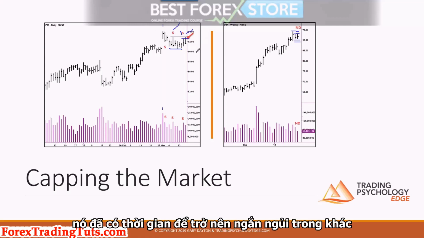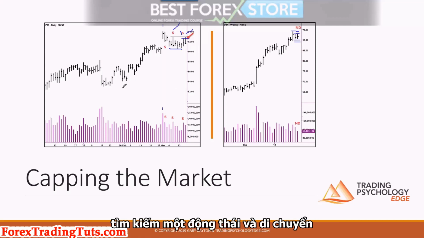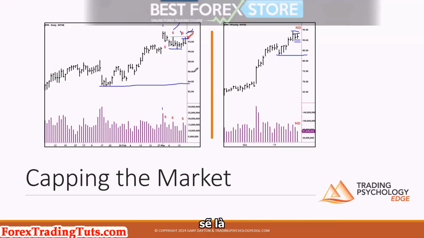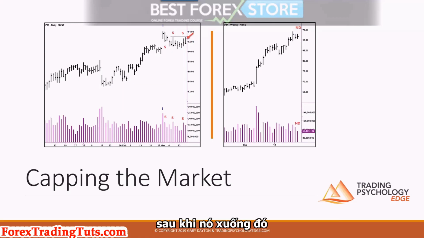It's had time to get short, in other words, the larger players. So we're looking for a move, and the move on this would be down to here on the weekly or down to here on the daily. That would be the initial move. See if it goes any farther than that after it gets down there. Okay. Yeah, there's the target.